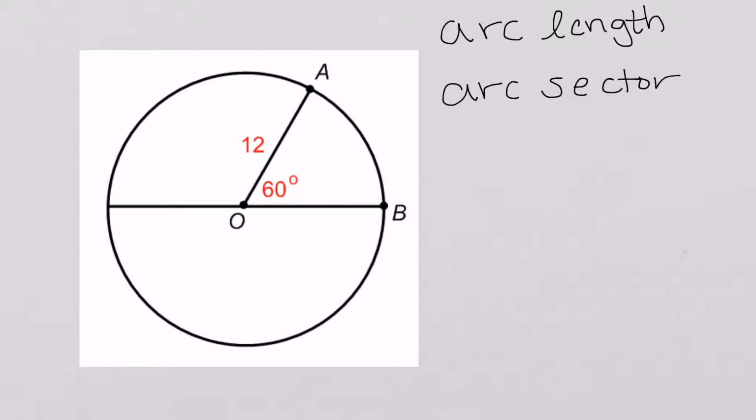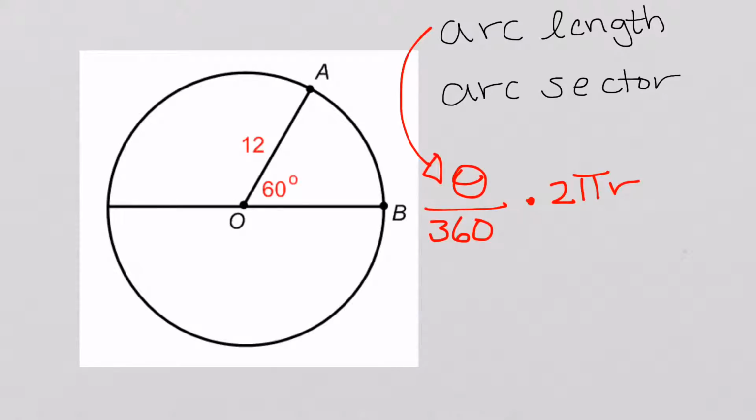The formula you're going to use for arc length, in this case, would be this here. For arc length, you take the central angle. Remember, the central angle is one of the angles in the middle, divided by 360 degrees times 2 pi r.